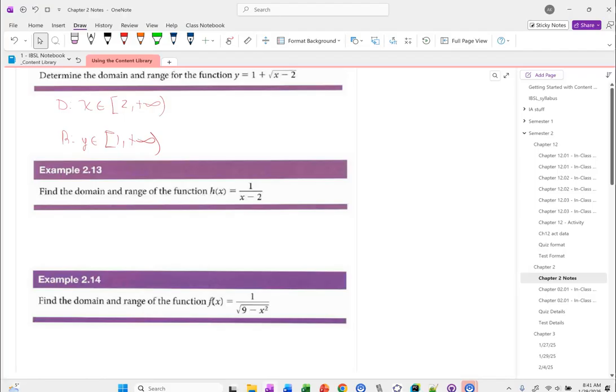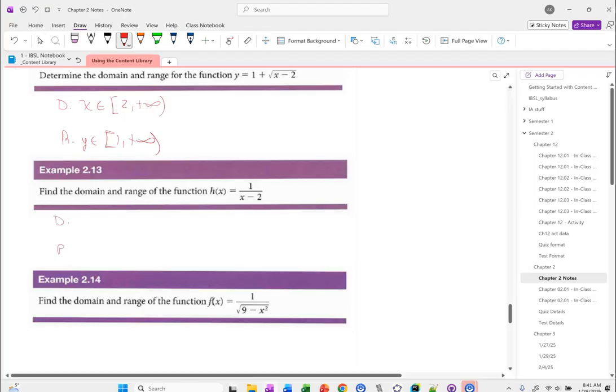Let's look at this one. Somebody give me the domain here. Everything except for 2. Why is 2 a problem?